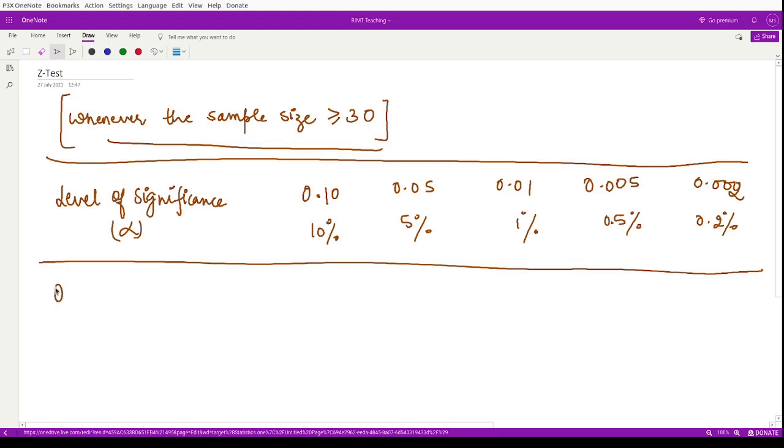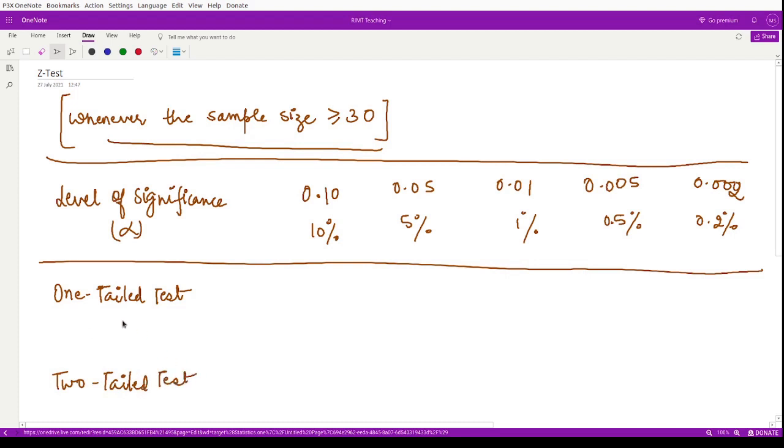So for this much level of accuracy, let's write down the values for one-tailed test and two-tailed test. So for one-tailed test, these values would be available to you in any statistical table, right? And just for the time being, just note it down.